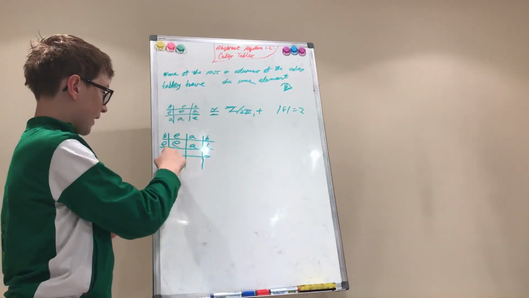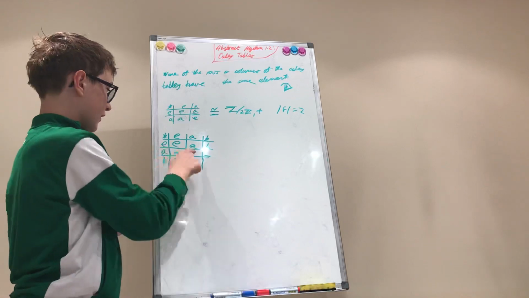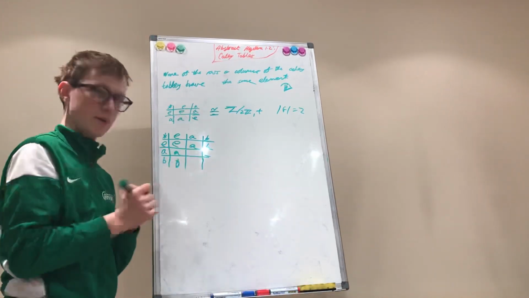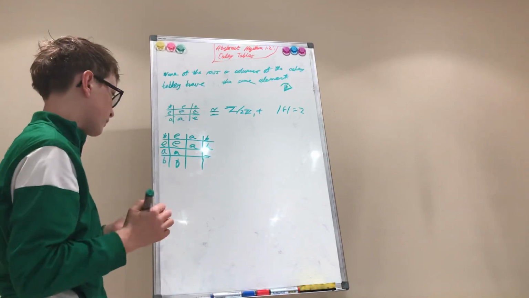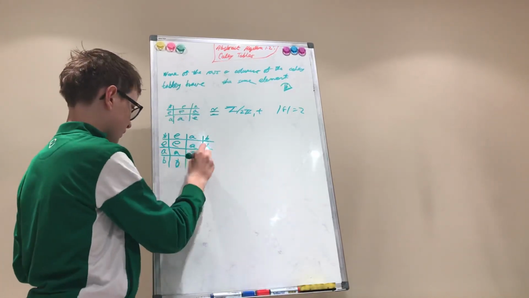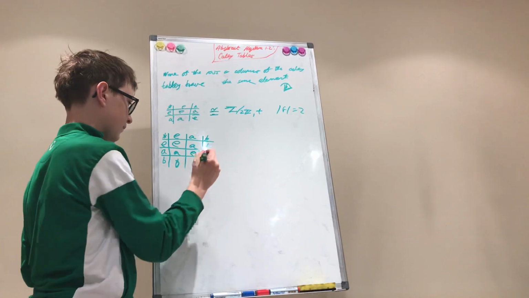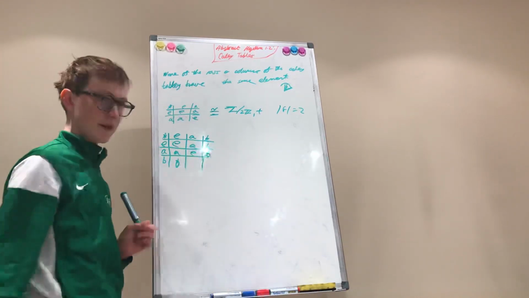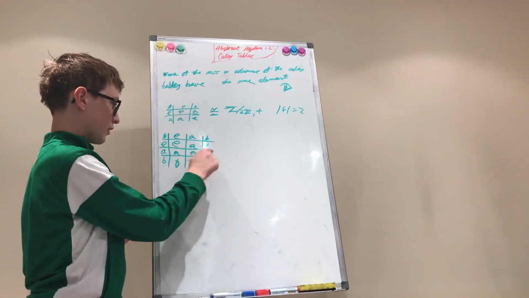Now, what's A times A? Well, it can't be A, because that would be a contradiction, like we've already proven. So let's see what happens if it's E. That would mean that this is B, but that would mean that that row has two of the same element, which is not good.